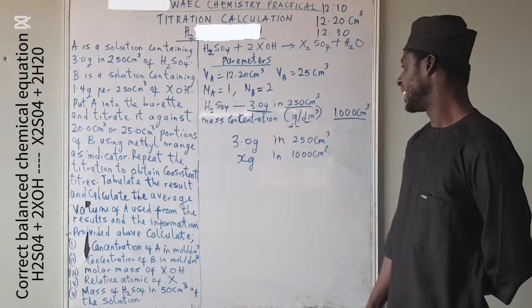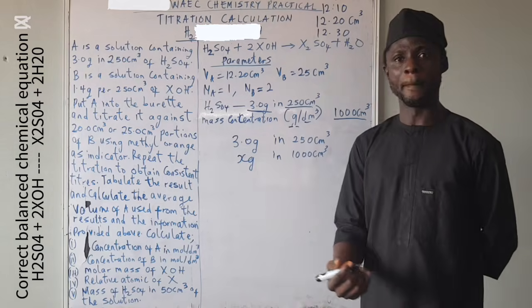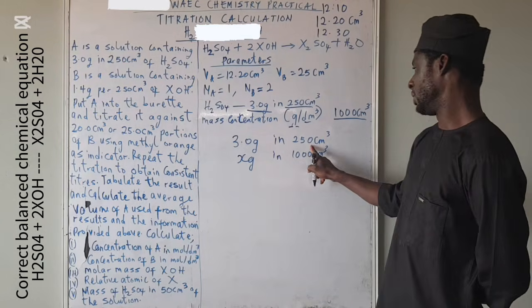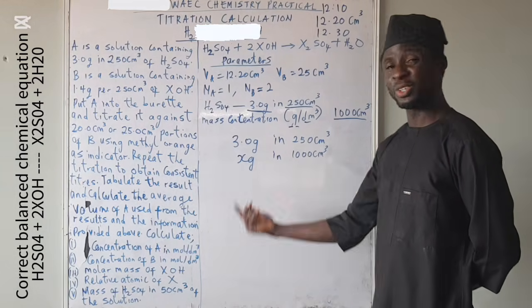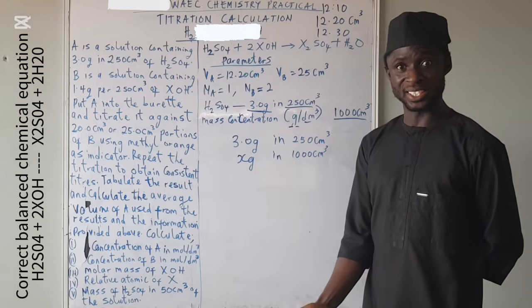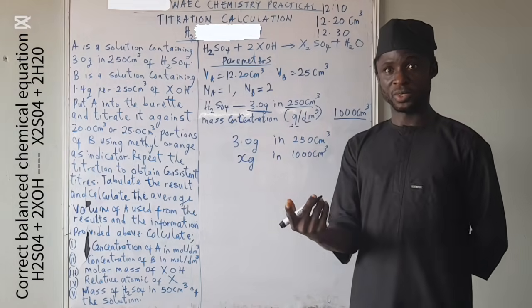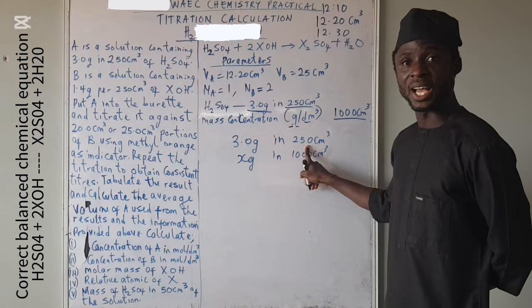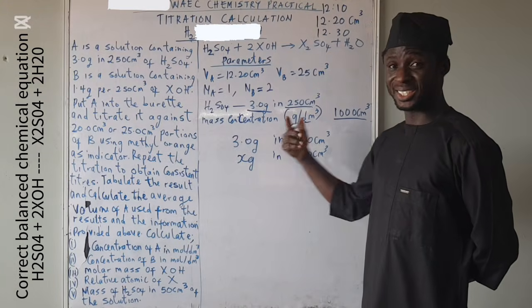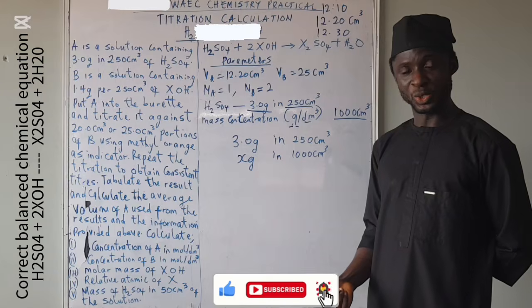Do you understand? So what do we do? We cross multiply 3 and 250. You can also use simple mathematics. How many 250 are you going to find in 1000? That is 4. So if 3 is in 250, how many will be in 1000? That is 3 times 4. That will be 12. Do you understand?